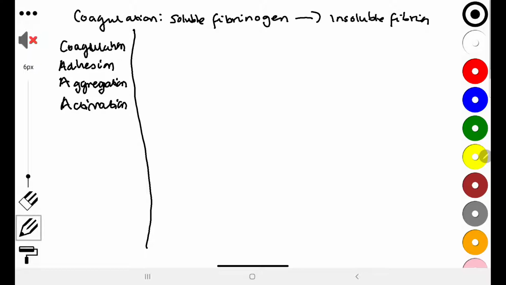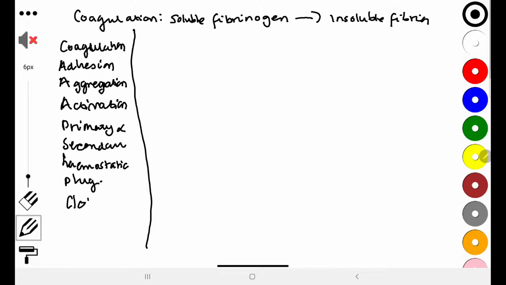We also need to understand what a primary and secondary hemostatic plug is. So we have the primary hemostatic plug and the secondary hemostatic plug. And of course we need to understand what a clot is. So that's 1, coagulation; 2, adhesion, aggregation, activation, primary and secondary hemostatic plug, and what a clot is.